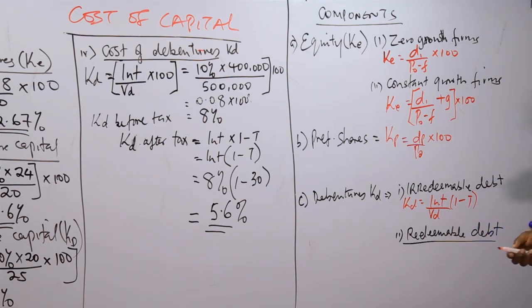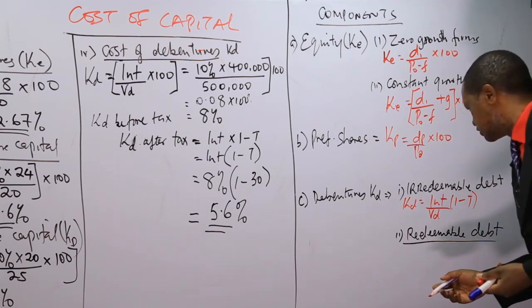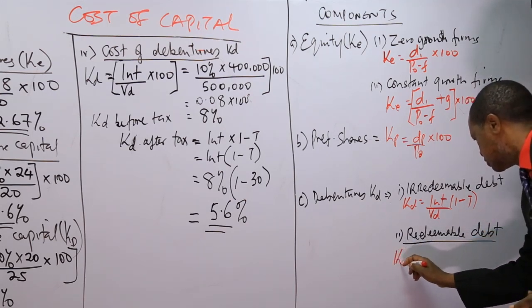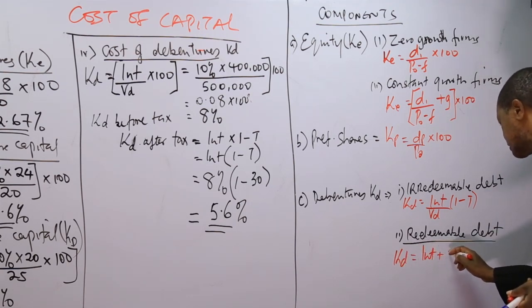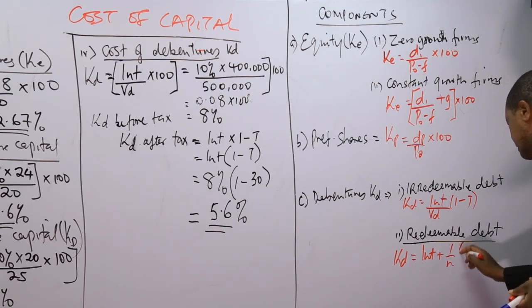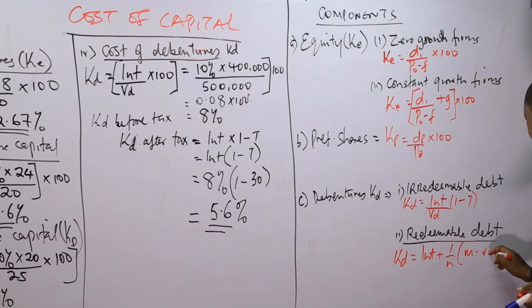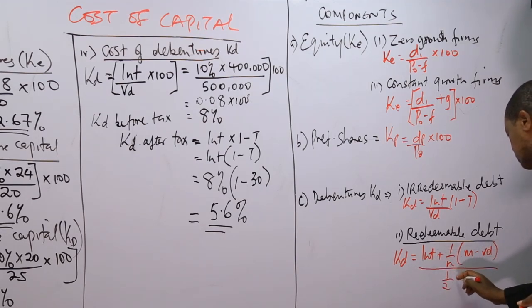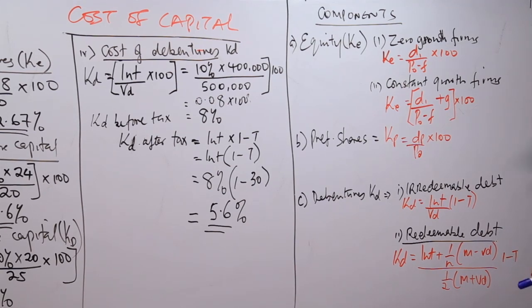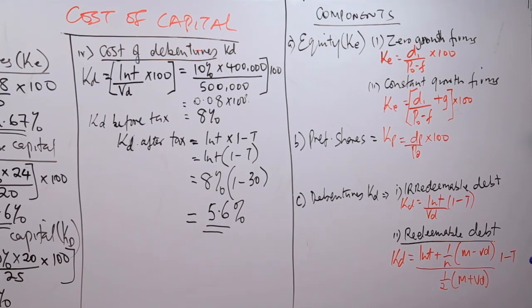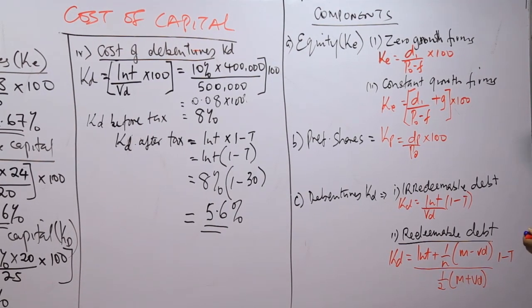They are expected to be bought back after a certain period, and the formula is KD equal to interest plus 1 over N into M minus VD, over 1 over 2 into M plus VD, times 1 minus T. So that is what we have learned today.